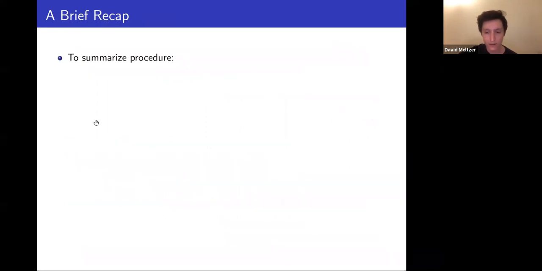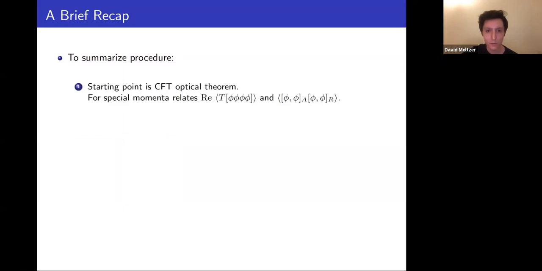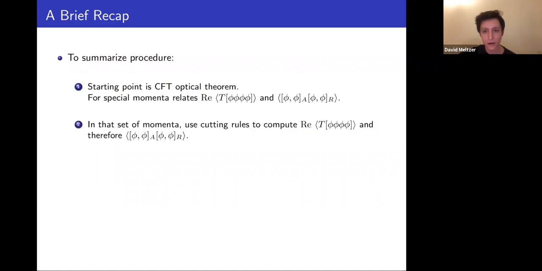So before getting to the actual cut diagrams, I want to give just a brief recap of this whole procedure. The starting point was the optical theorem, and we used special momenta to relate the real part to the double commutator. Then in that set of momenta, we used the cutting rules to compute the real part, and therefore also this correlator.